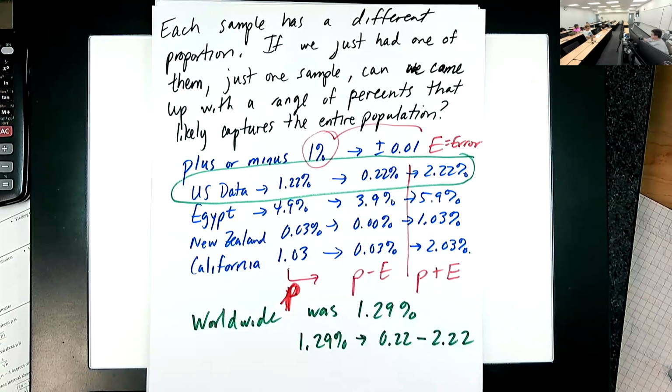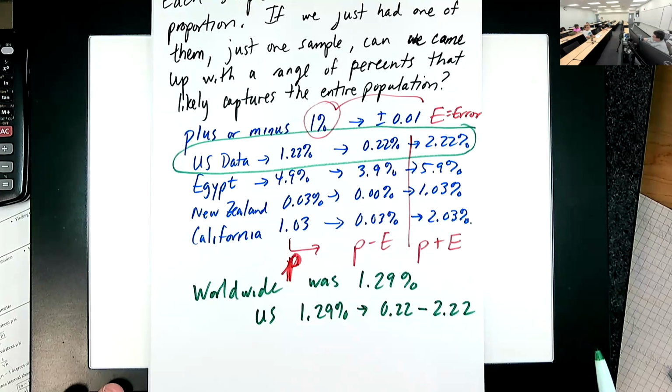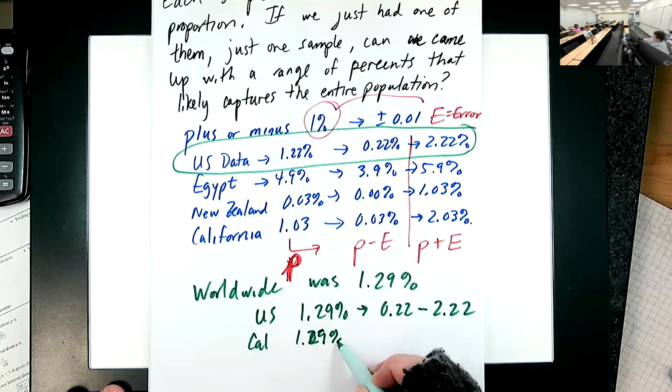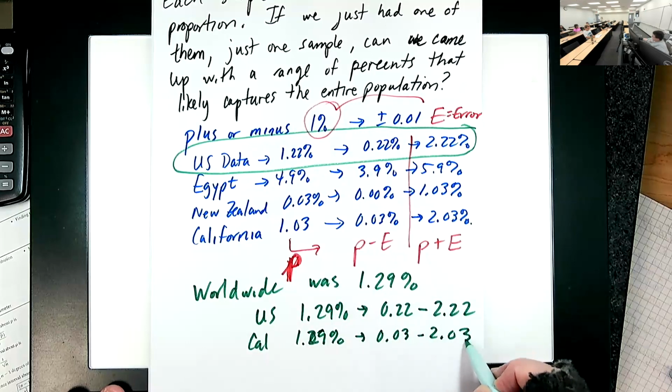It's in that range. And it's also in California's range. 1.29% is between the 0.03 and the 2.03.